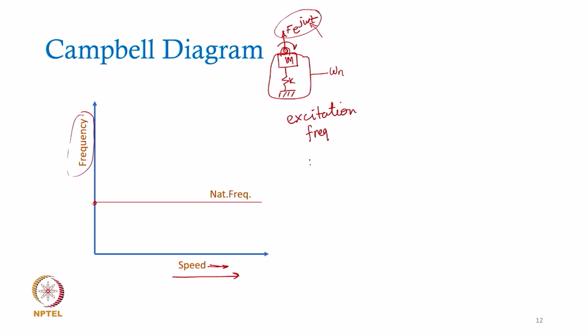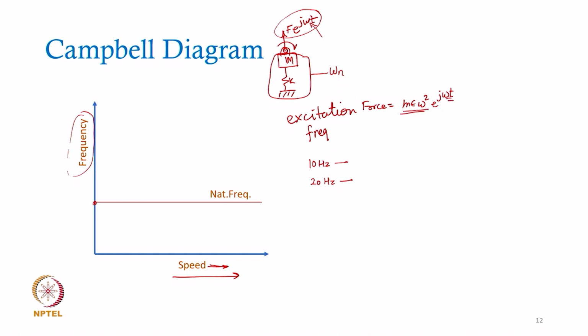Suppose I rotate the motor at 10 hertz and later on I increase the speed of rotation, the frequency is going to increase, right. What is the excitation force? Now, this excitation force is m epsilon omega square e to the power j omega t. Now, obviously, the magnitude will change, the frequency will change as I change the rotational speed of it.